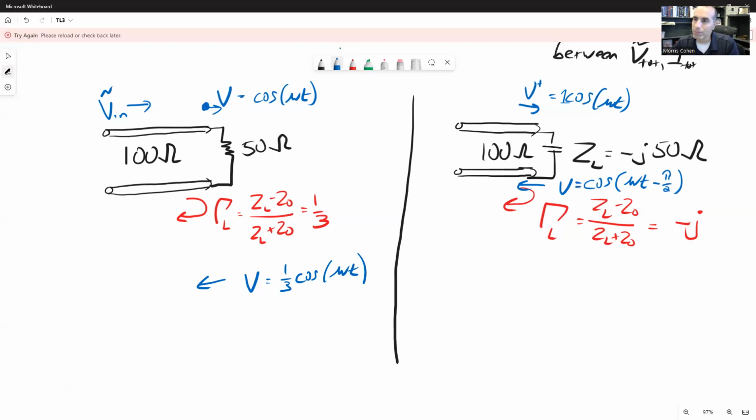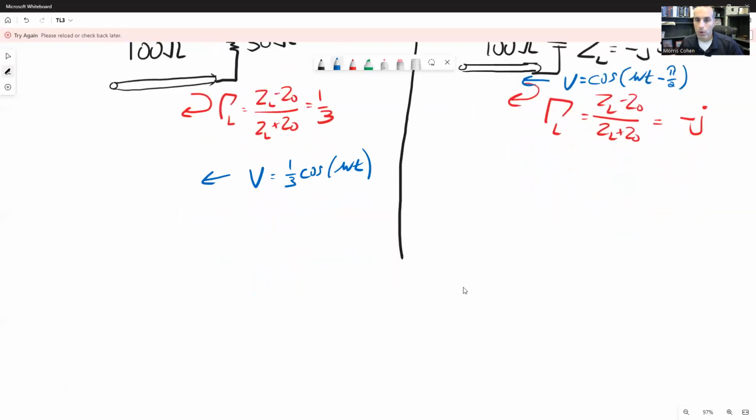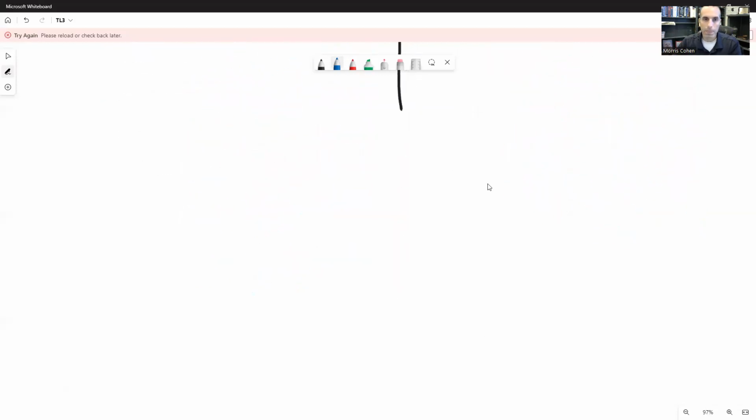We generally want to keep this to radians. So we can deal with arbitrary loads, and we can calculate reflection coefficients with complex numbers. All we're doing is capturing the amplitude of what reflects and how the phase changes with that reflection as well. So we can extend this to arbitrary loads, and everything is still going to work.